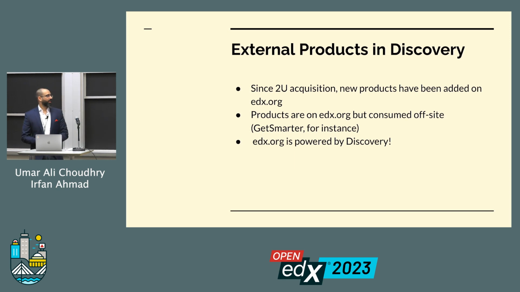Since edX was acquired by 2U, we have a lot of new products coming in to edX. We're having to do a lot of integration. And at some point, we were directing users to third-party clients such as GetSmarter, which also means that we are showing third-party content using discovery, which wasn't done before.